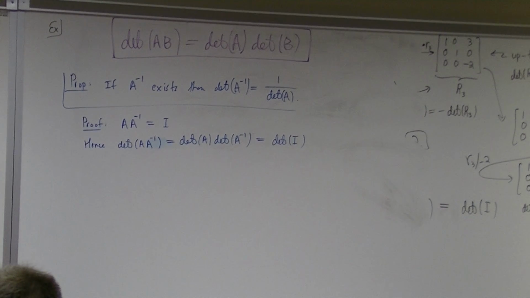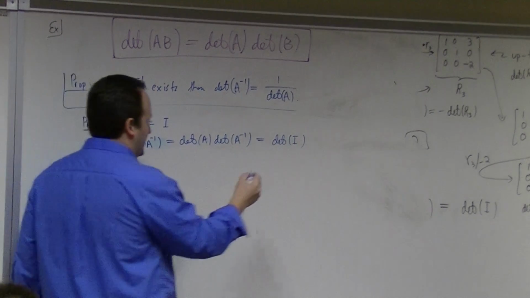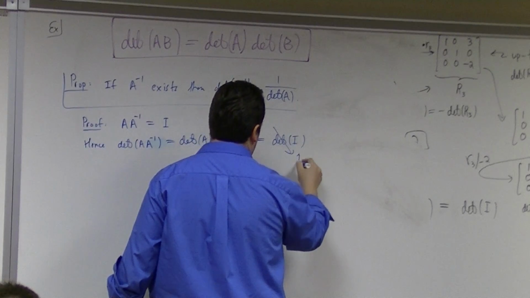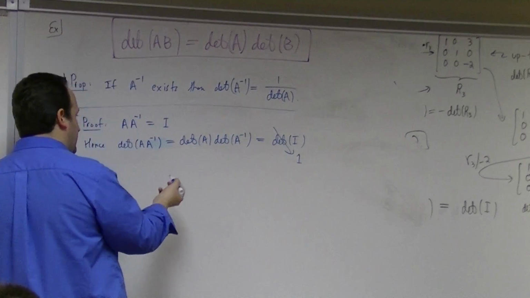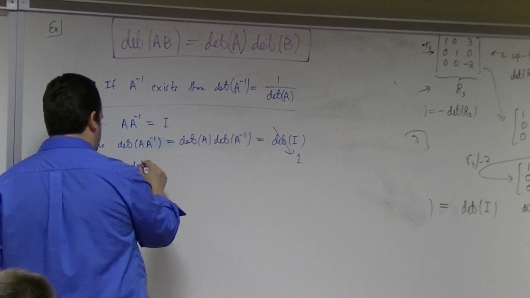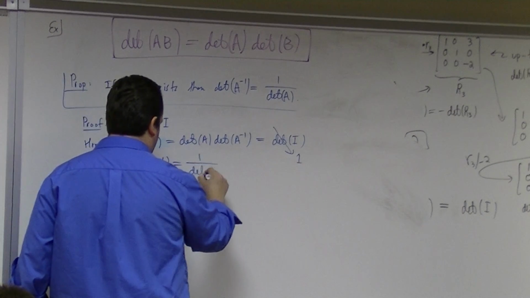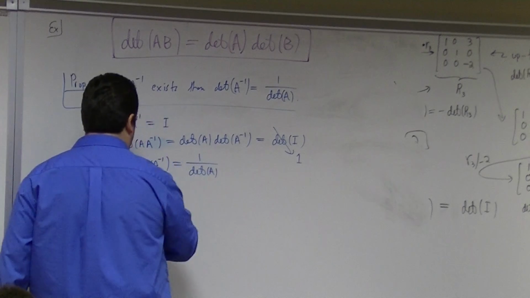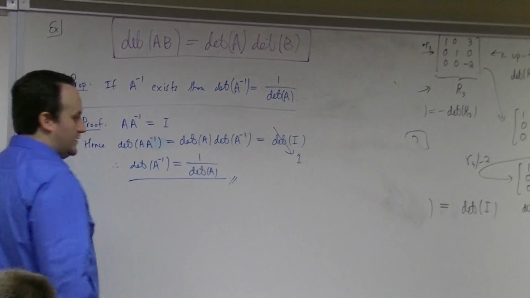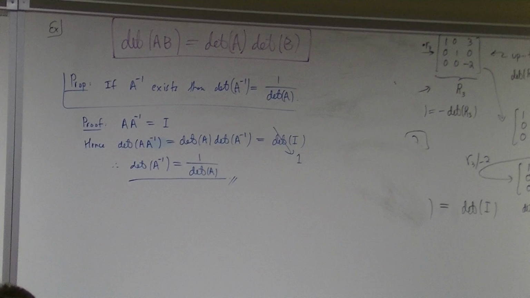The determinant of I is 1. Right, determinant of identity is just 1. It's one of the basic things we know. So therefore, the determinant of A inverse is equal to 1 over the determinant of A. And there we go. Proved. See, that wasn't so bad. That was really easy.